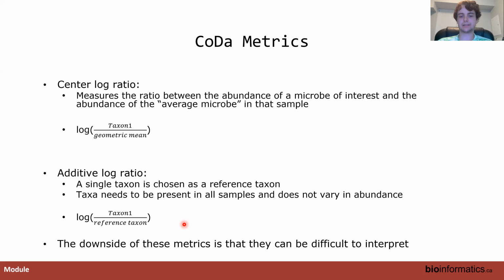The other thing that is difficult about these methods is that when doing an additive log ratio, a lot of the time it is very unclear which taxon you should pick as a reference, especially in samples that haven't been very well characterized, so some environmental samples that not very many people have sequenced before.